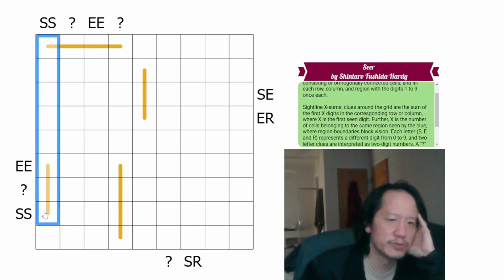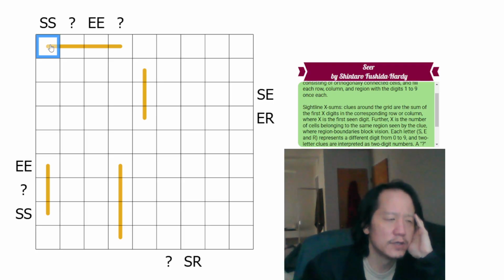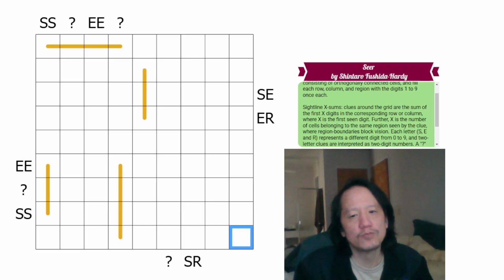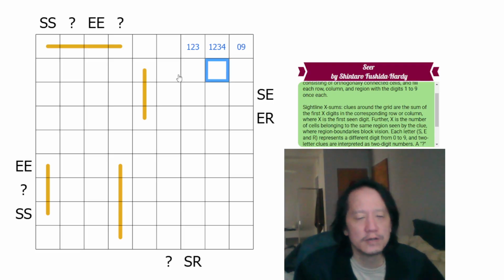But that's not possible because then you would have an 8 here and an 8 here. It could potentially be 33. So S is either 1, 2, or 3. So we're going to make this the possible digits for S. E can be 1, 2, 3, 4, and R can be 0 through 9. But we don't know.